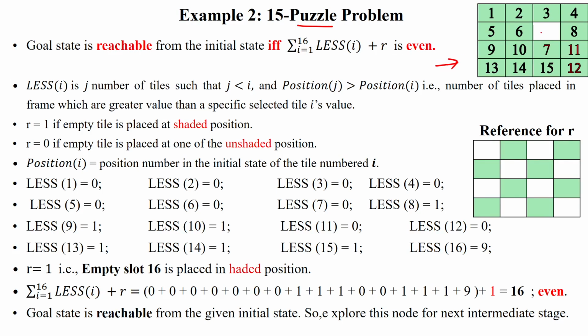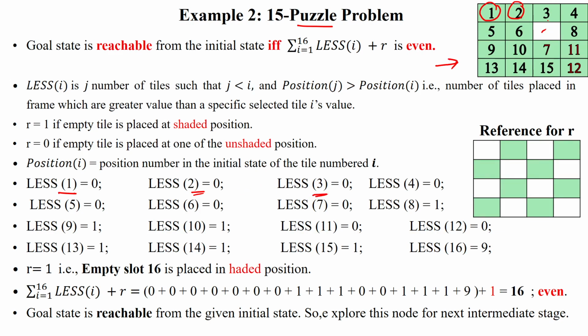Here the 16th, the empty slot, is placed here. Now I am finding, as per the calculation, less of 1. Less of 1 is 0 because there is no smaller element after the 1. 2 is also correctly positioned here. The 1 is positioned before the 2, so no need to count.